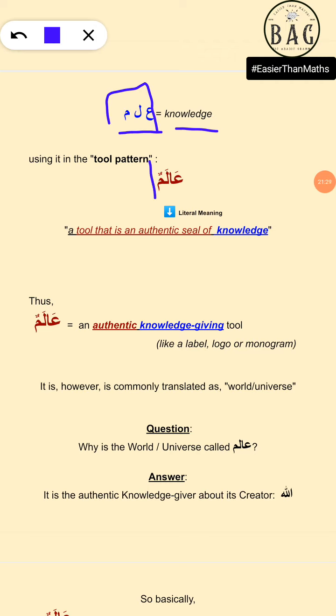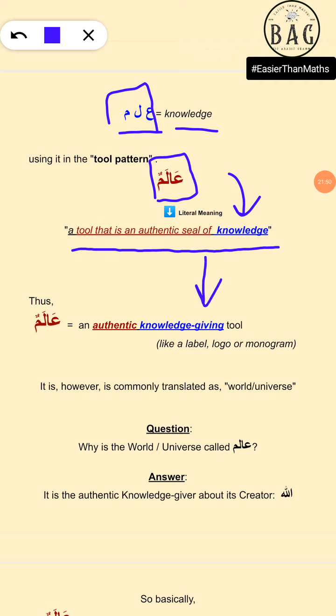It would become alamun. Now alamun literally means a tool that is an authentic seal, an authentic declaration or stamp of knowledge. We can rephrase this as an authentic knowledge giving tool, such as a label or a logo or a monogram.